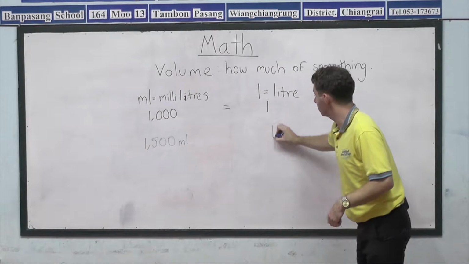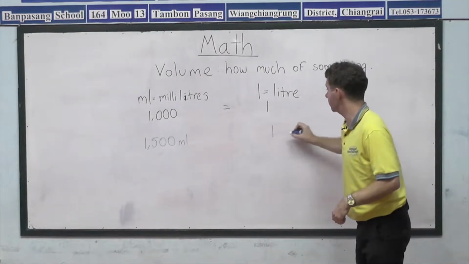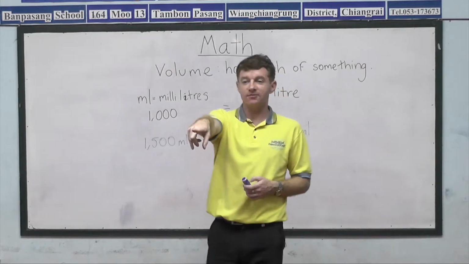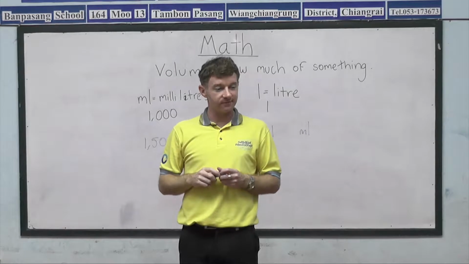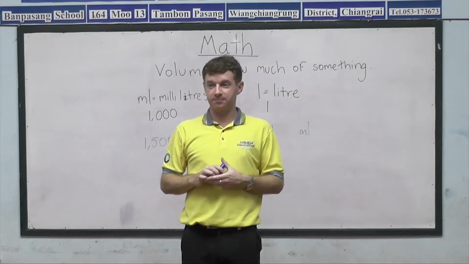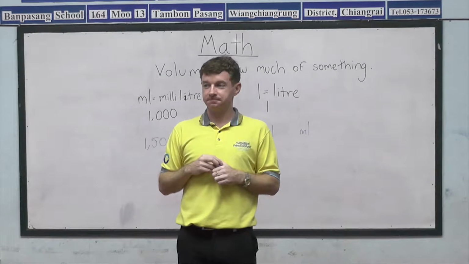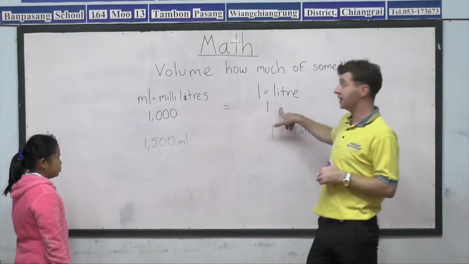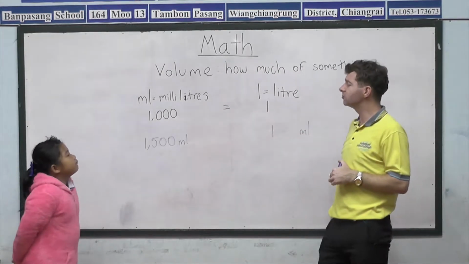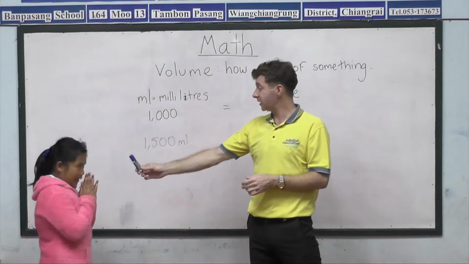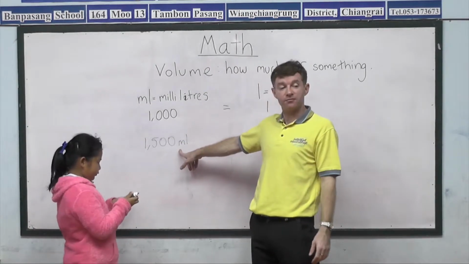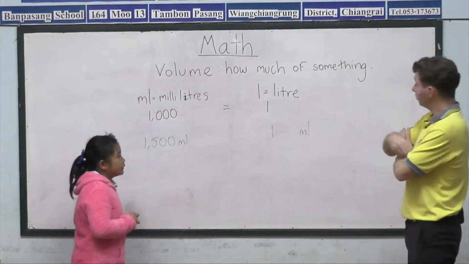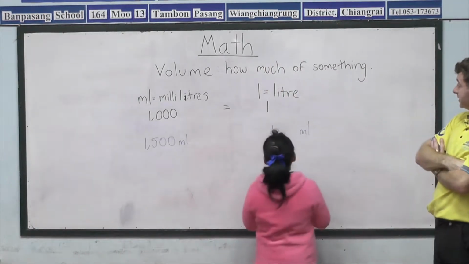Now I want somebody to come forward and work them out into liters and milliliters. I seen Lakgow's hand go up first, but don't worry, we'll do a few of them. Lakgow, can you come and join me? So remember, 1,000 milliliters, 1 liter. What color would you like? You use blue? Okay, so how many milliliters do we have? 1,500 milliliters. So can you turn that into liters and milliliters, please?